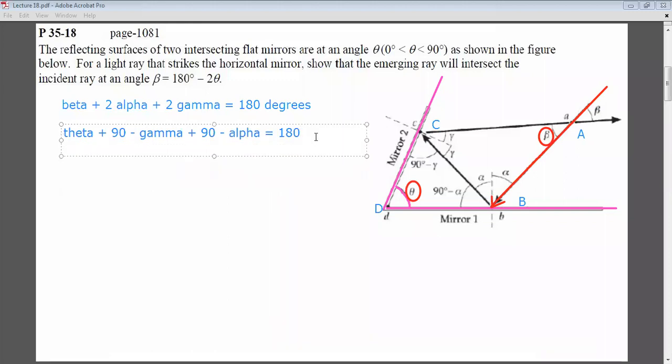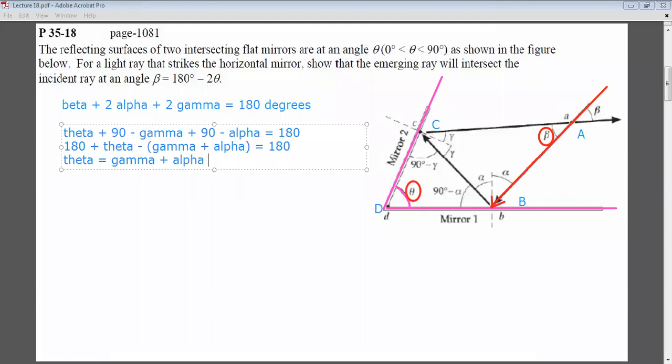In other words, I have 90 plus 90, so this is 180 plus theta minus gamma plus alpha is equal to 180. 180 will cancel out the 180, and I will have left theta minus gamma plus alpha is equal to 0. So theta is gamma plus alpha.